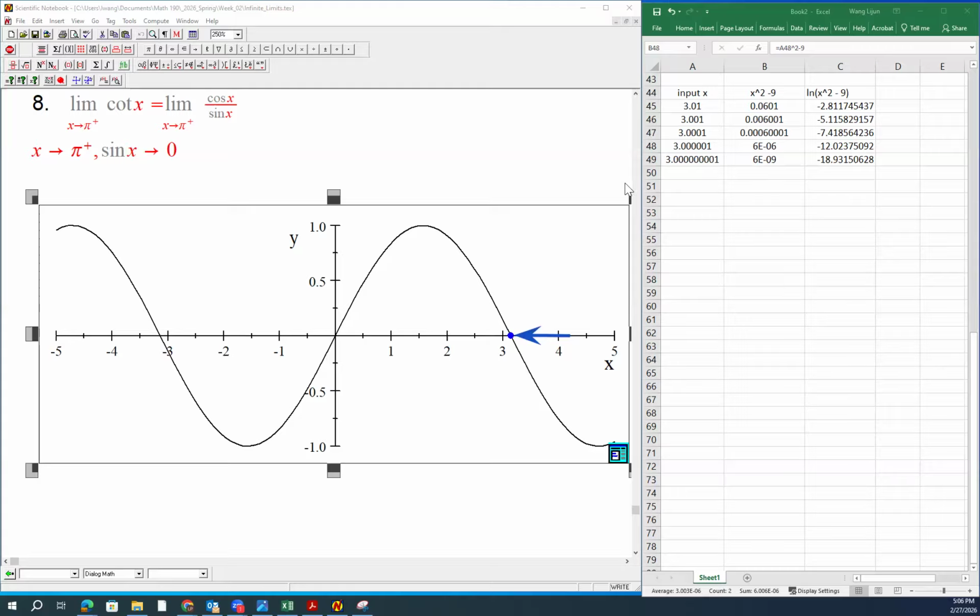And the output is approaching 0. You see the red is getting closer and closer to 0.